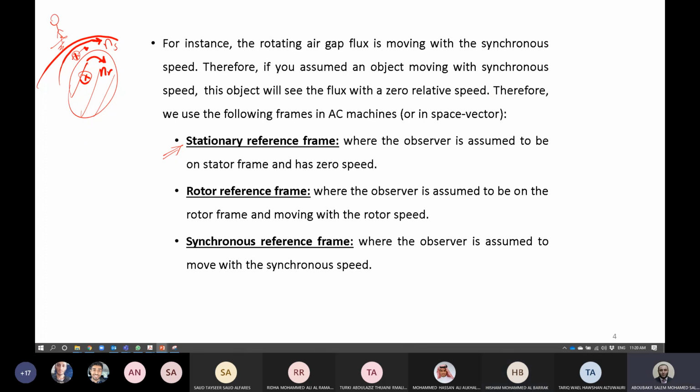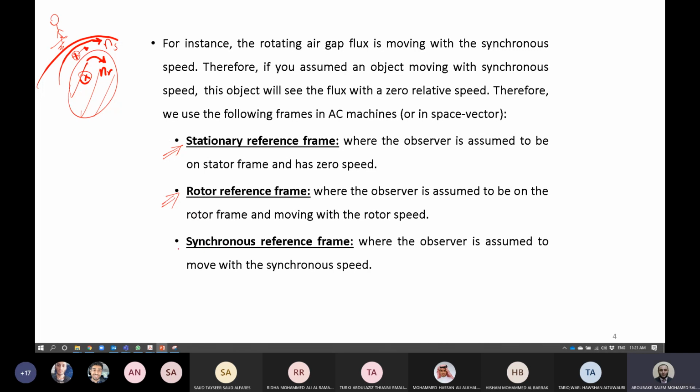So this is the relative speed now, because the observer will be on the rotor frame, so he will see the flux moving with a speed of ns minus nr. So the speed of flux will be, in this case, the slip value in RPM. So this is now the rotor reference frame.